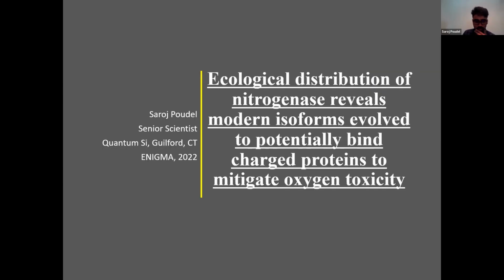But anyway, I'm going to talk about an enzyme that's involved in nitrogen fixation. So I've been working on nitrogenase for almost 6 to 7 years, actually. I started on this enzyme when I started my PhD, and have been looking into this since then.